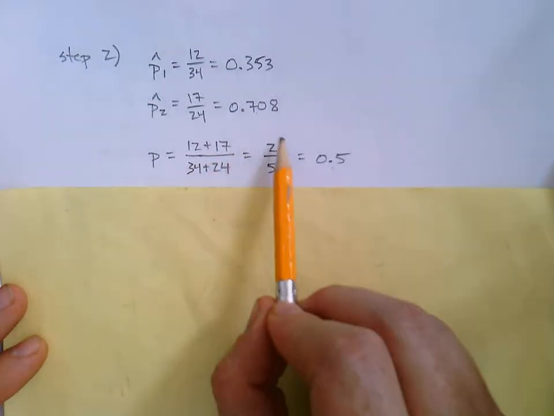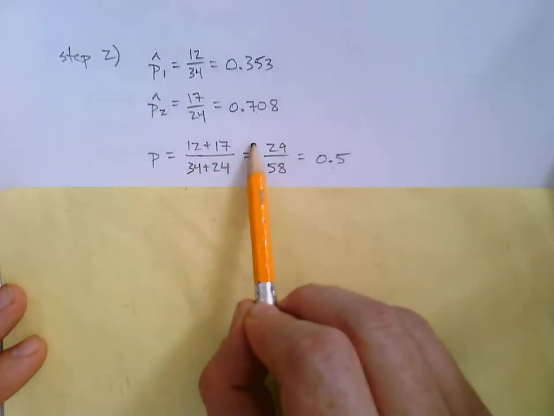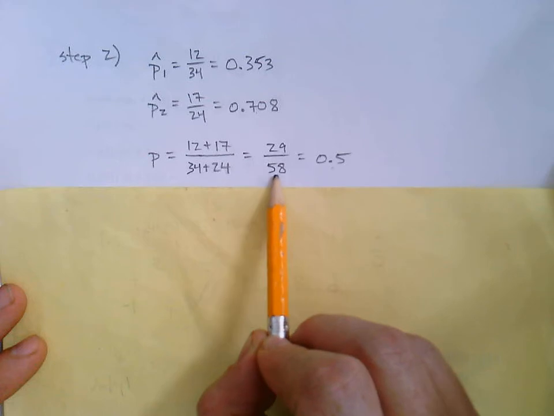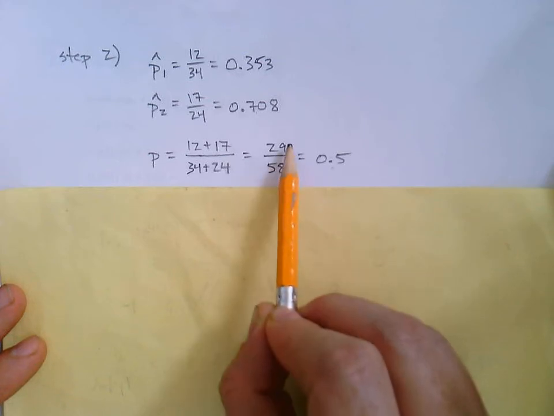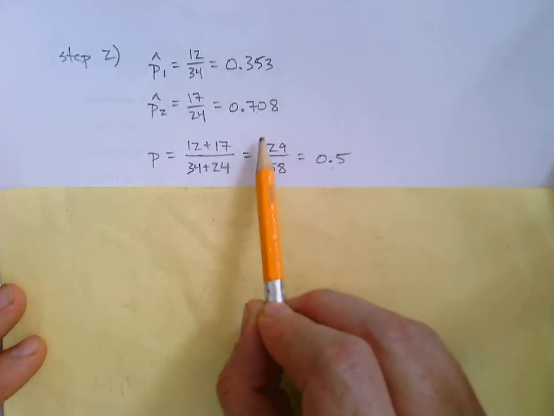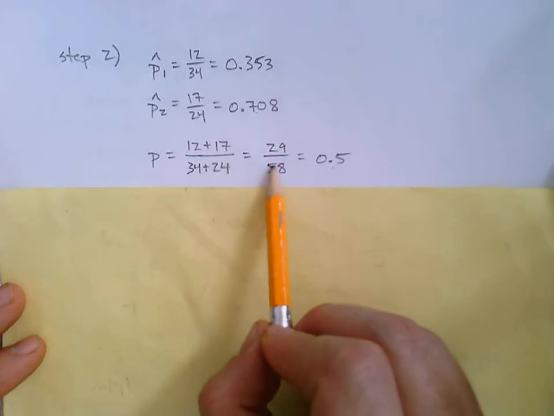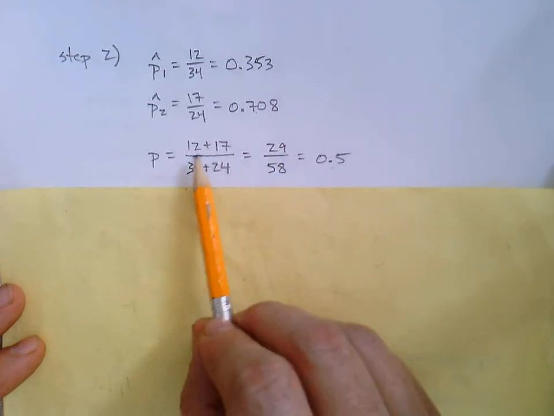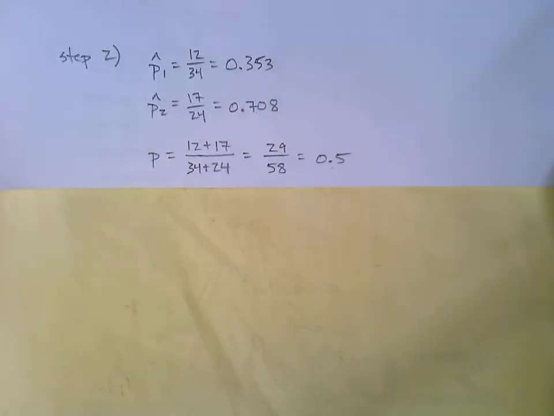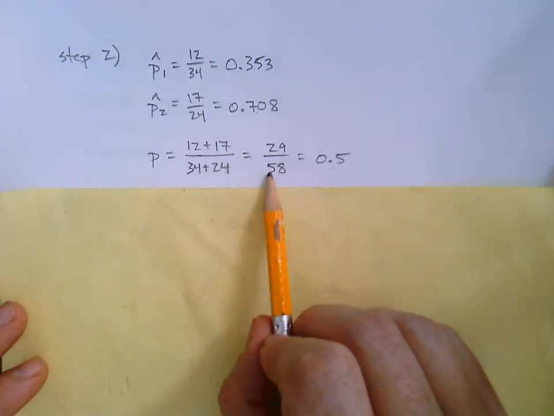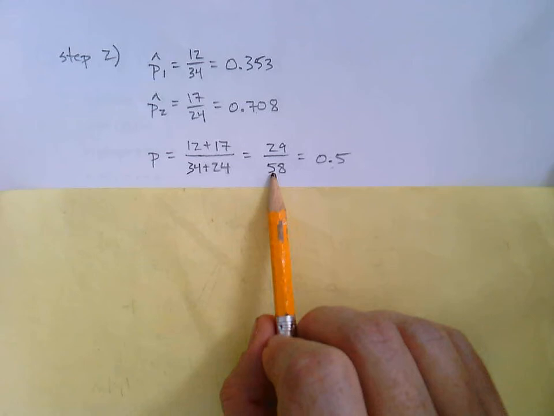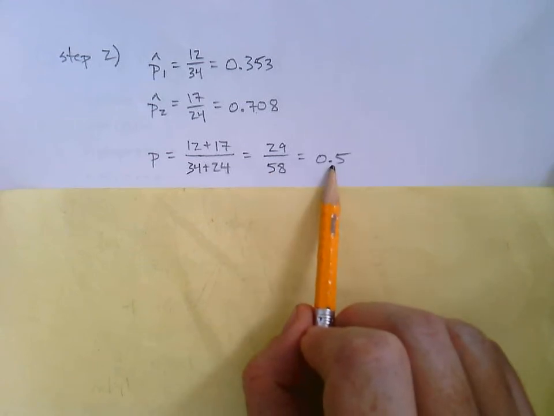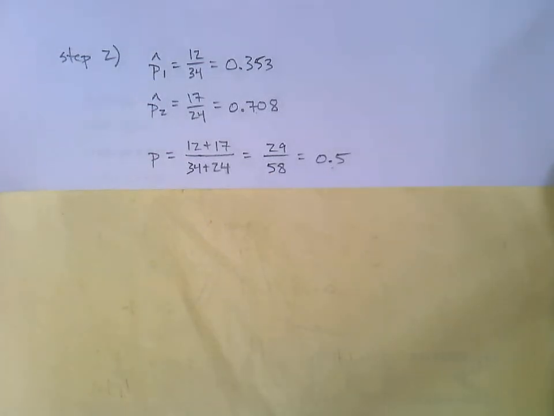So we're thinking how many total successes divided by how many total trials. So how many homes had an activities director divided by the total number of homes. So all of it together, not considering one group or another, just putting it all as one, we got 29 over 58, which just so happens to work out to be exactly 0.5, which is kind of surprising, but that's the way it worked here.